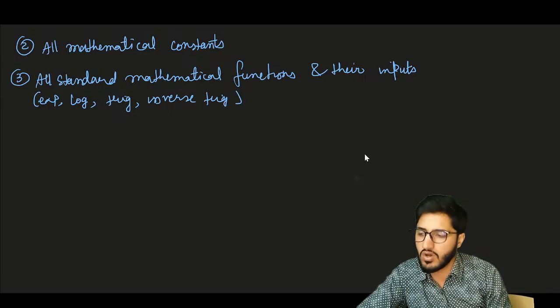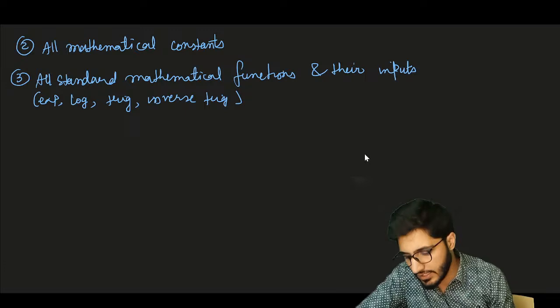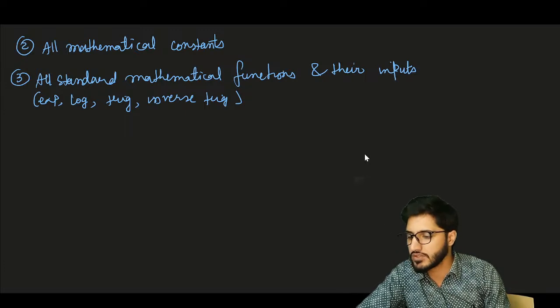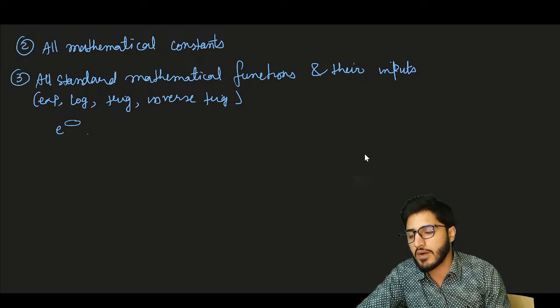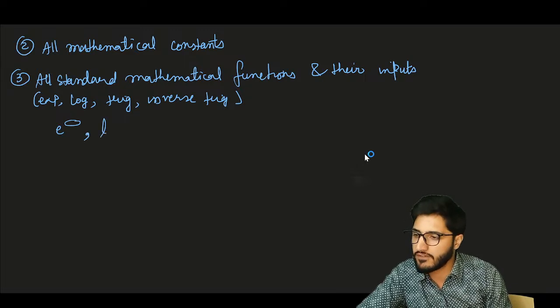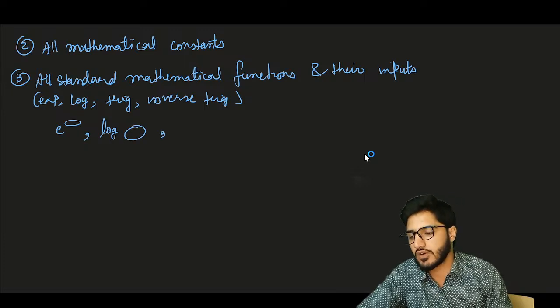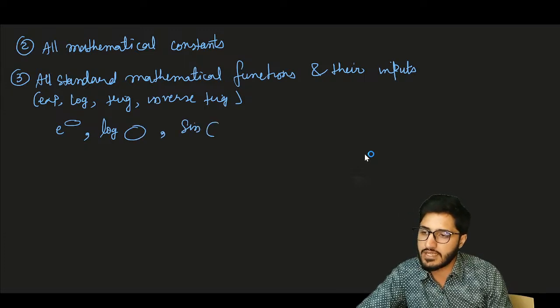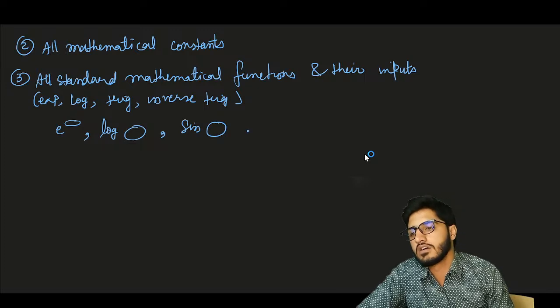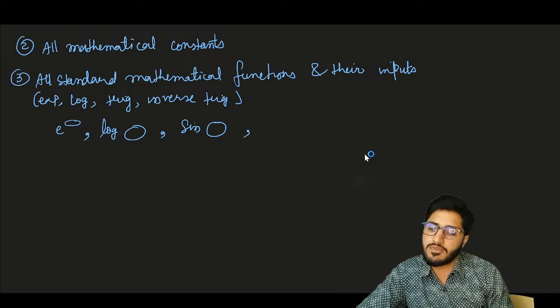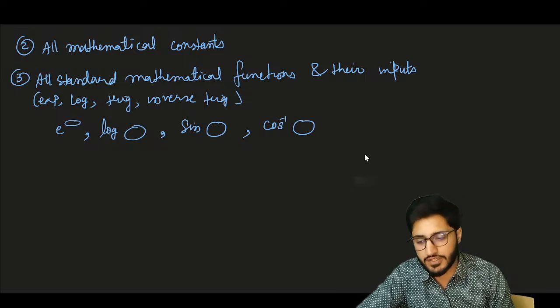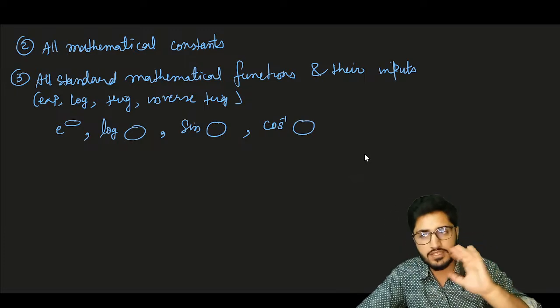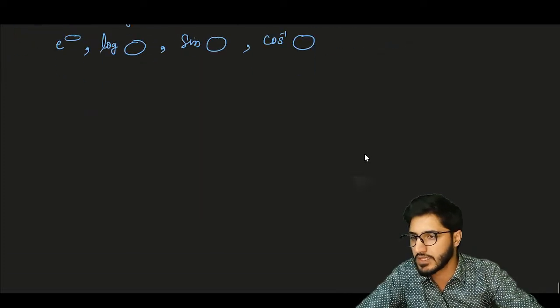All these are dimensionless quantities. That means if we are having exponential of something, the exponent is a dimensionless quantity. If we are having log, the argument is a dimensionless quantity. If we are having sine, the argument of sine is dimensionless. If we are having cos inverse, the argument of it is a dimensionless quantity.